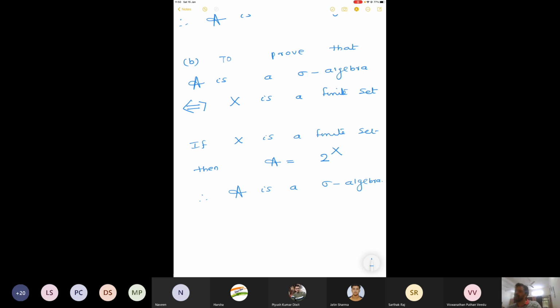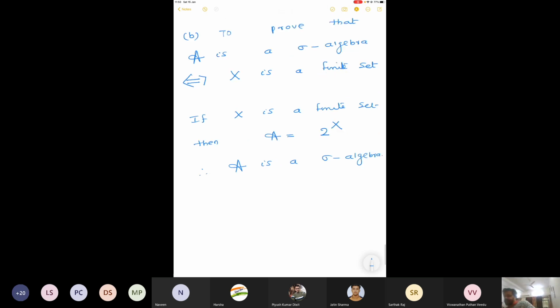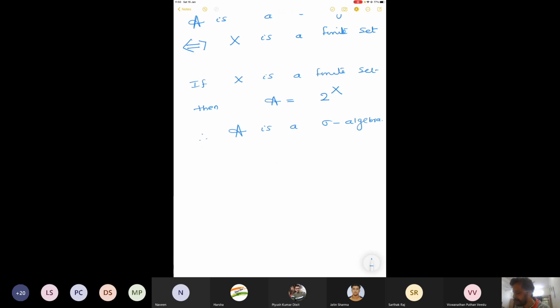Okay, so let's assume the other way around. Suppose X is infinite. Suppose script A is a sigma algebra. We have to prove X is finite.